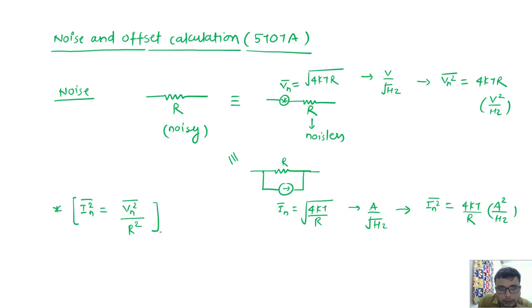This is the relation that I am using. So this is for a resistor. For a transistor, noise can be modeled as two things. This is my transistor M, so I can model this current as the noise of this transistor.